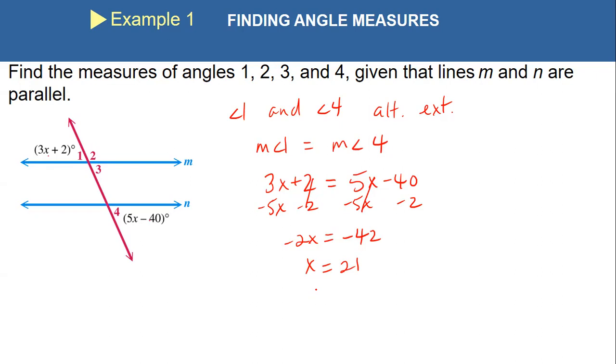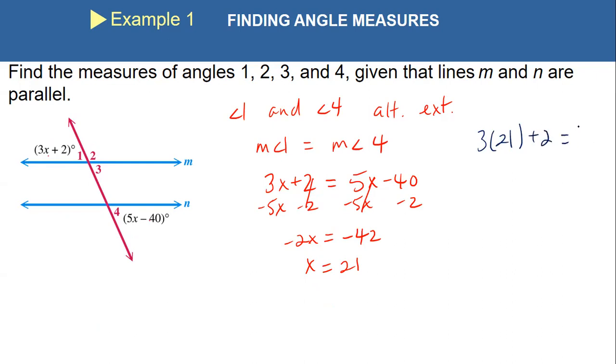So can I find the measures of my angles now? Yes, because we know what x is. So we're going to find the measure of angle 1 and the measure of angle 4. So we have 3 times 21 plus 2. What does that equal?